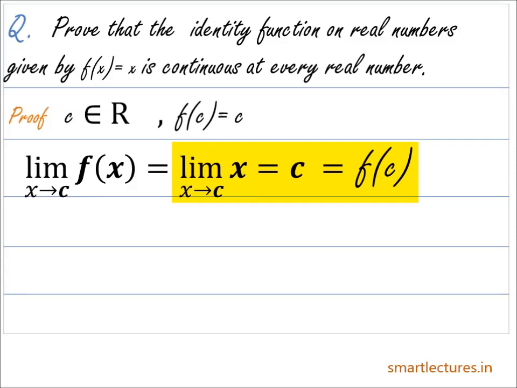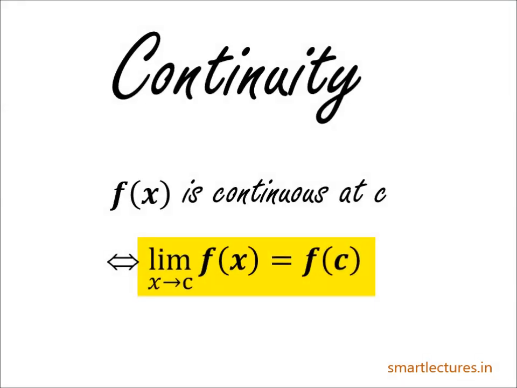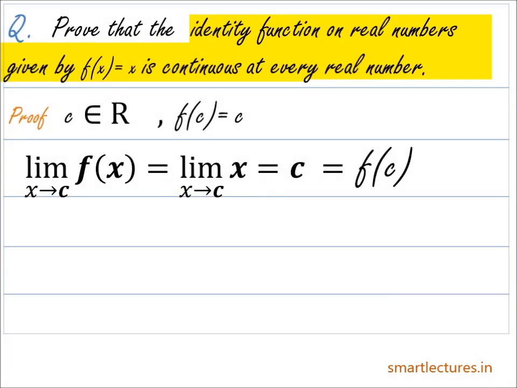And as per the definition of a continuous function, if the limit of a function and the value of a function at a given point are the same, then that function is a continuous function. So that means the identity function on real numbers given by f of x is equal to x is a continuous function at every real number.